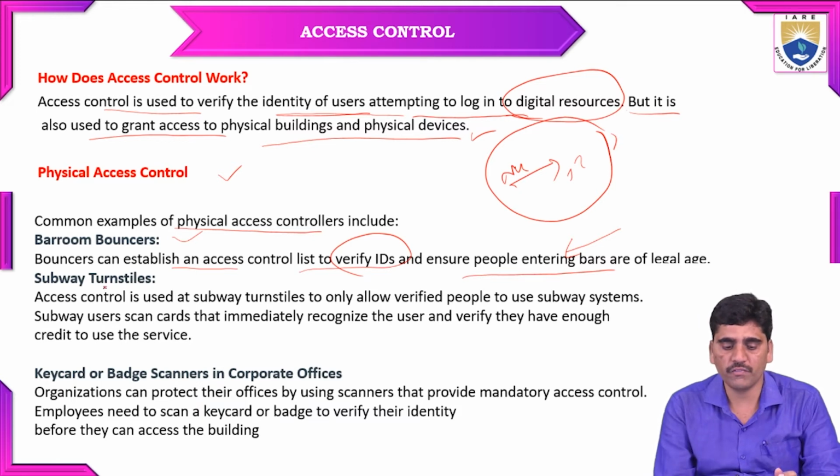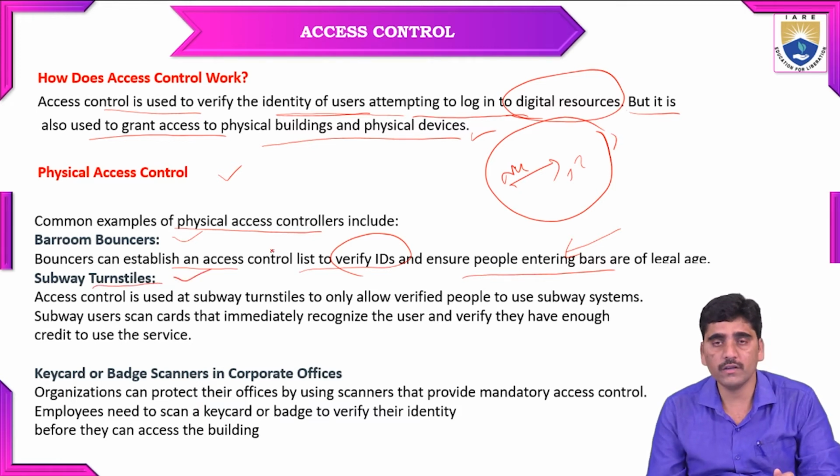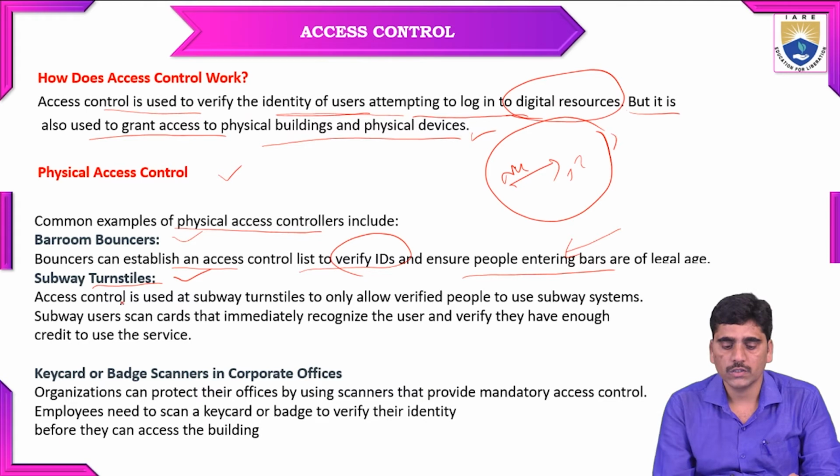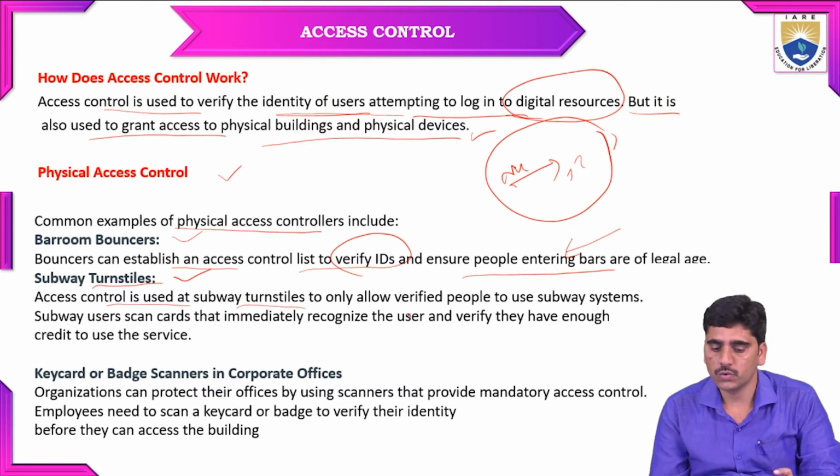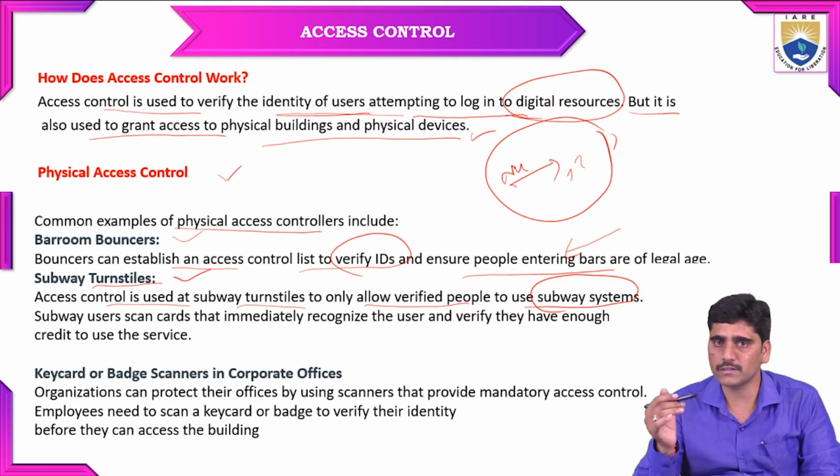The second one is subway turnstiles. Access control is used at subway turnstiles to only allow verified people to use subway systems. As we already said, restricted people can access only their restricted levels. Whoever is authorized for a particular level can access that level only, not all the levels.